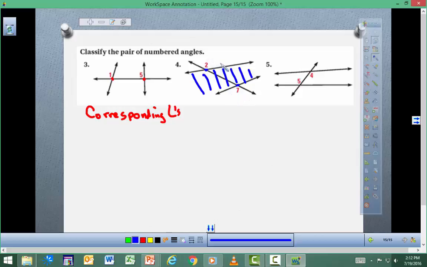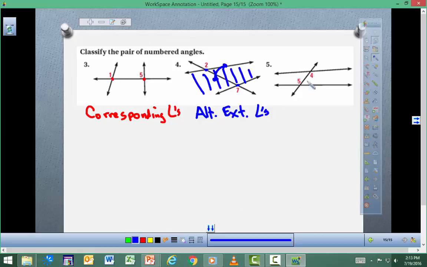So we did what we did to get these two angles. We flipped across that transversal. So that means these are alternating angles and they're on the exterior. So these are alternating exterior angles. And I'm going to start abbreviating alternate exterior angles.